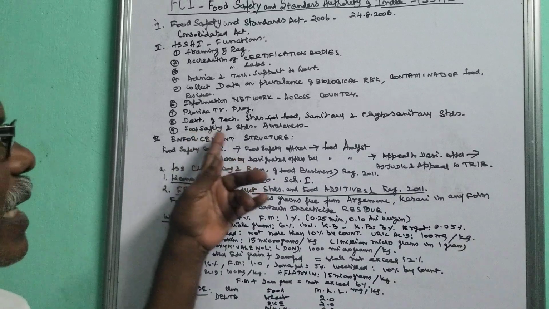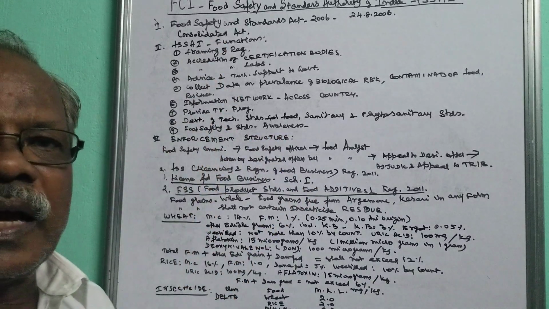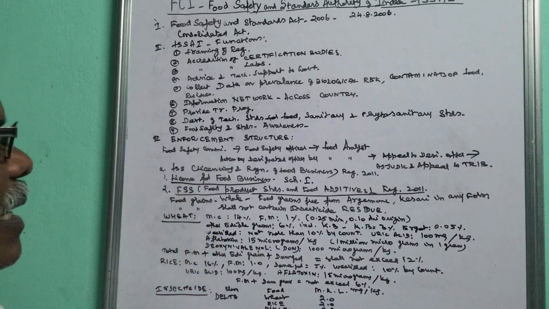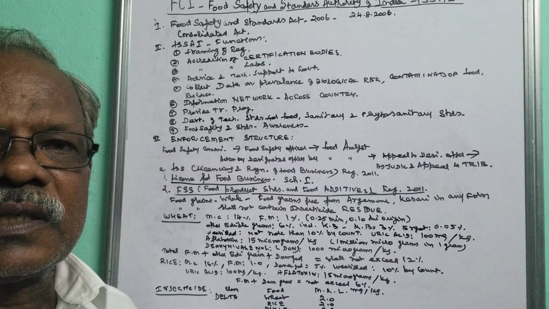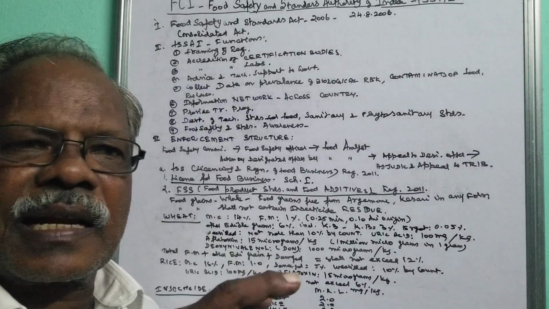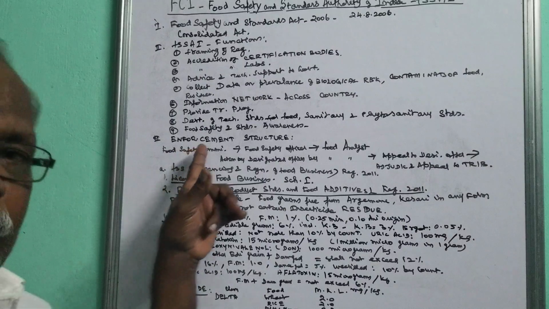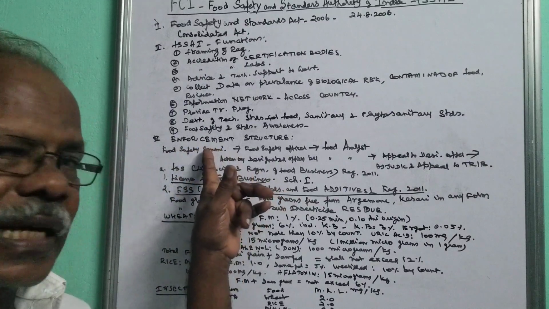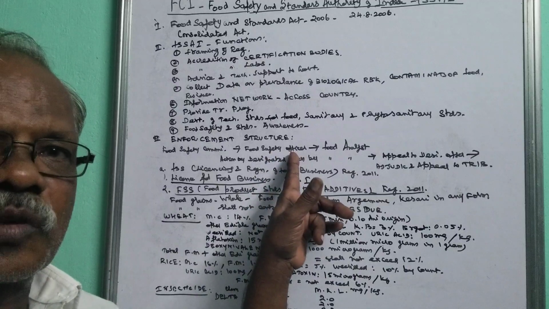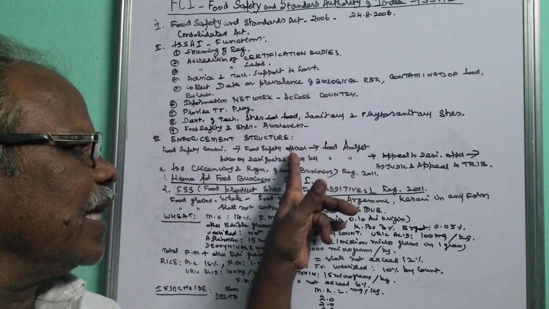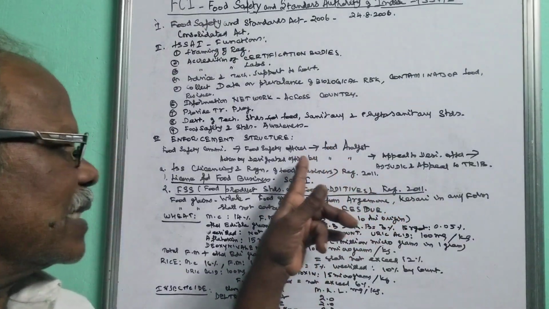Food safety and standards awareness. These are all the functions of the FSSAI. Then the enforcement structure, how food safety is enforced. For that, a hierarchy is there. The Food Safety Commissioner is the highest nodal authority. Under him, there are many food safety officers, and from the food safety officers, many food analysts function.